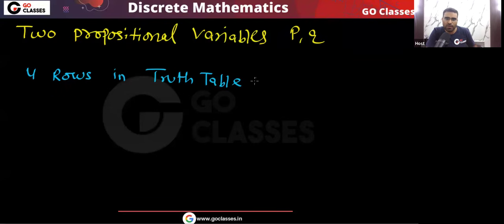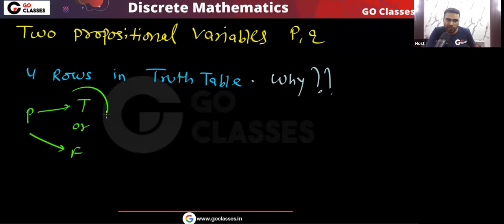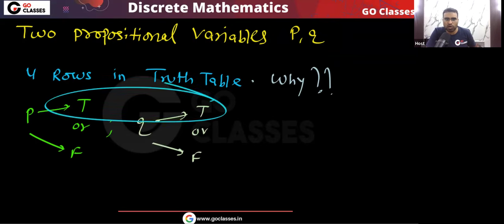Now, what is the reason? The reason is very simple, because P is a proposition, so either it will take this value or that value. Similarly, Q is a proposition, so either it will be true or it will be false. How many combinations are possible? This combination, this one, this one, and this one.